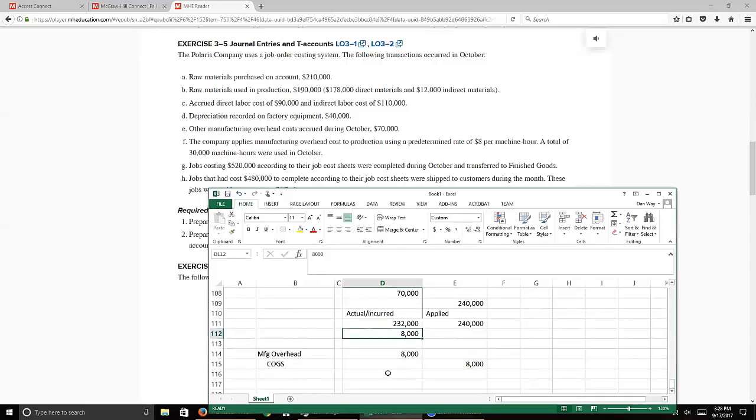And one of the ways we talked about disposing of that was to just issue one credit to the cost of goods sold account for that same amount, in this case, $8,000. So this would bring my overhead account back to zero. And this would have the effect of reducing my cost of goods sold expense for the period.